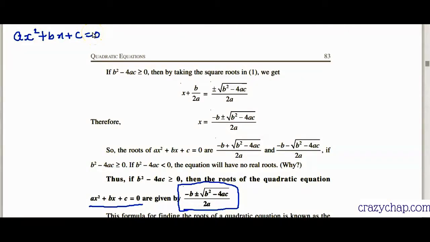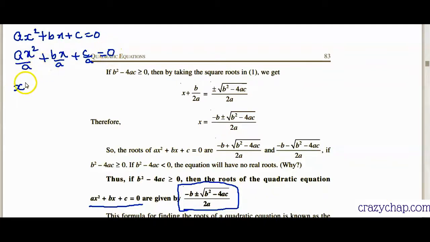Actually, to derive this quadratic formula, we'll be using the completing square method. See how we get it. Here the x square coefficient is a, so we'll divide each term by a. So we get ax square over a plus bx over a plus c over a equal to 0 over a, which is 0.